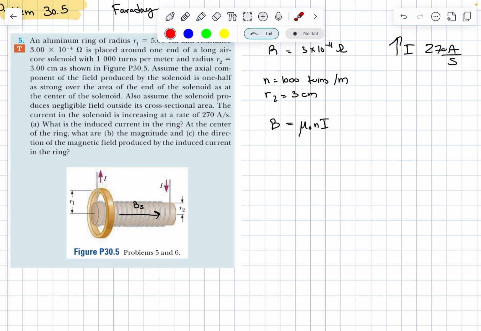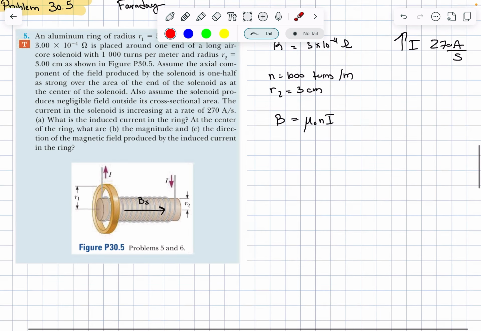The one being this here. It says, assume the axial component of the field produced by the solenoid is 1/2 as strong over the area of the end of the solenoid as at the center of the solenoid. It is saying, sure, this is normally what you use for B. Down here in the relevant region, it's going to be 1/2 that value.